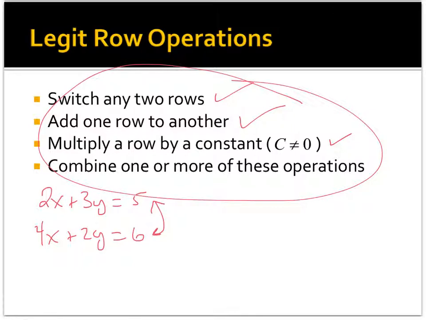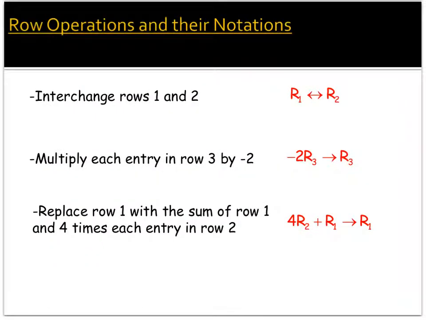Okay, so on to the notation. This notation means I'm interchanging two rows. This notation right here says I'm going to multiply each entry in row 3 by -2. I'm taking each entry in row 3 and performing a scalar product, -2, and whatever I get goes over row 3.